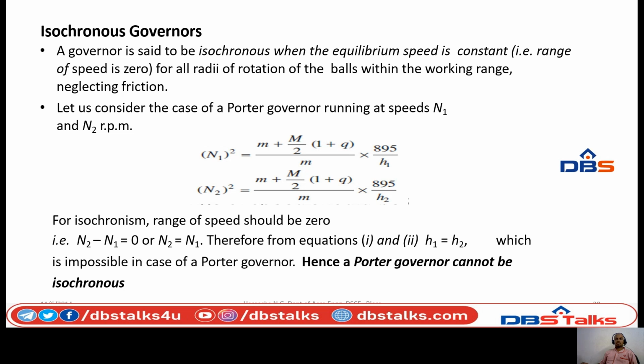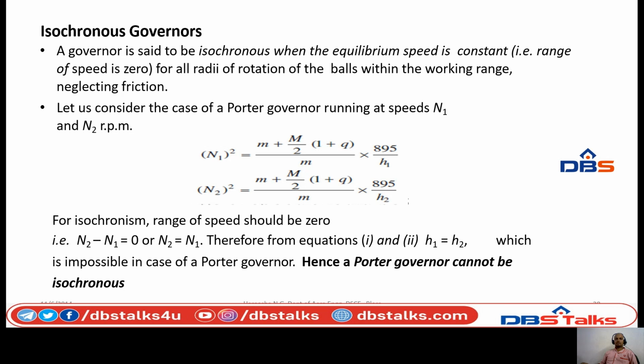Let us consider a Porter governor running at the speeds N1 and N2, that is minimum and maximum. The formula is N1 square is equal to (small m plus capital M) by 2 into (1 plus q) by small m into 895 by h1. Similarly for h2 also.